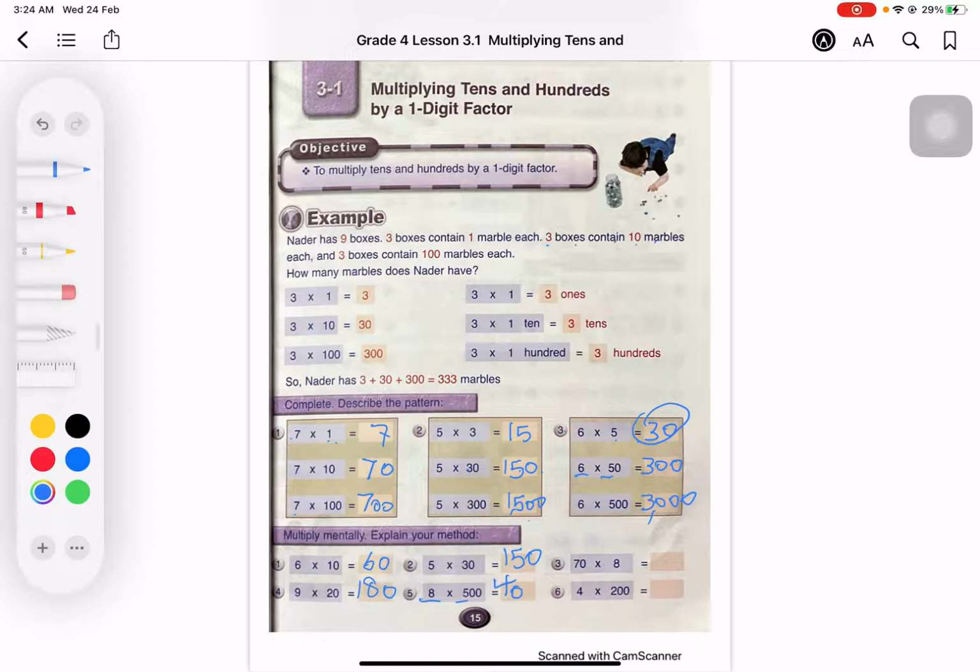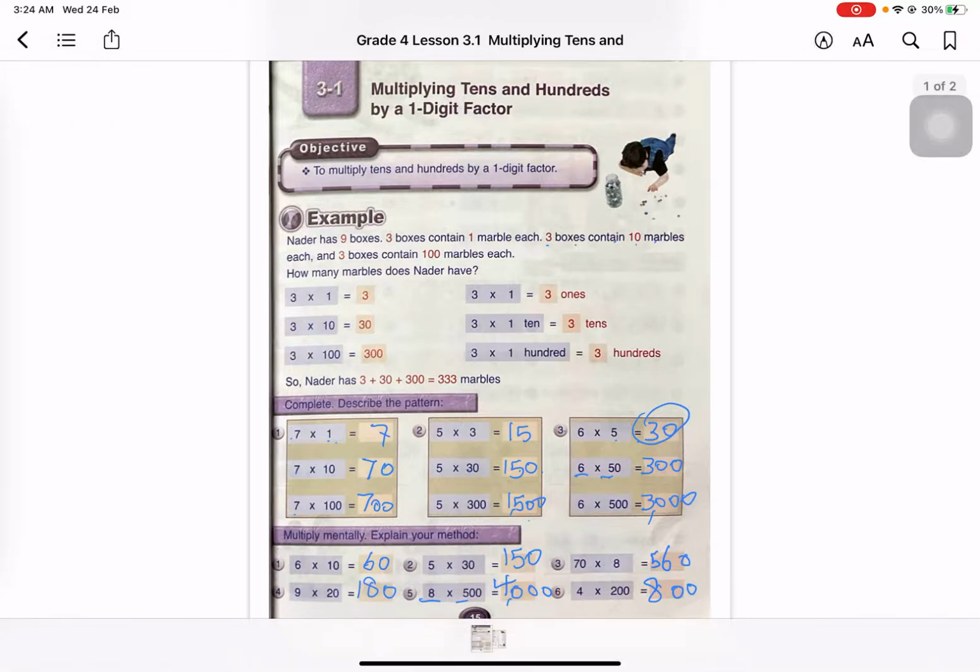The product of 5 by 8 is 40. It has 1 zero. Then you are going to drop another 2 zeros. So the product will be 4,000. Drop 1 zero, and 7 by 8, 56. Drop 2 zeros, and 4 by 2, it's 8. So how I solve, you go to the basic fact, solve it, then drop the zeros you need.